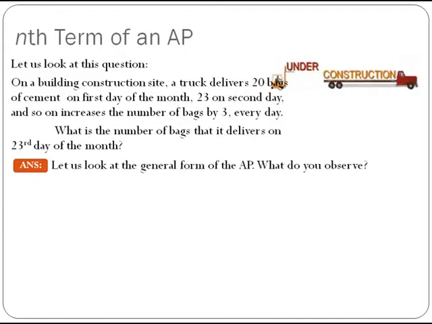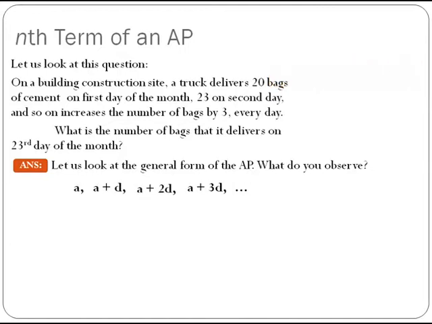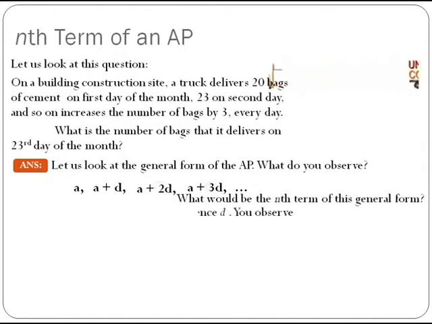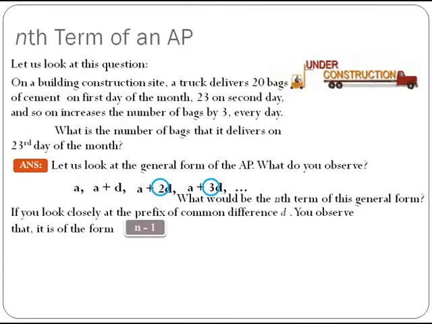Let us look at the general form of the AP. What do you observe? a, a + d, a + 2d, a + 3d, and so on. What would be the nth term of this general form? If you look closely at the multiplier of the common difference d, you observe that it is of the form n - 1.